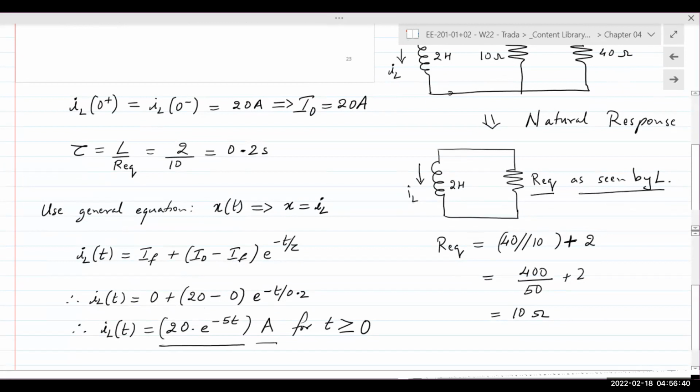Again, the overall function is describing the current, so the unit is always amps. This equation is valid for all time values greater than or equal to 0. And that is the procedure to solve for the natural response of an inductor.